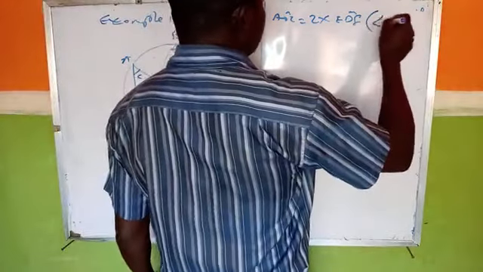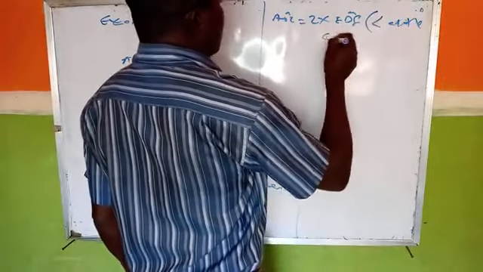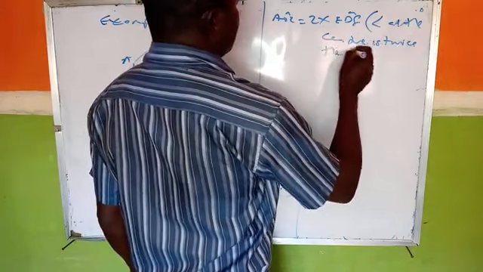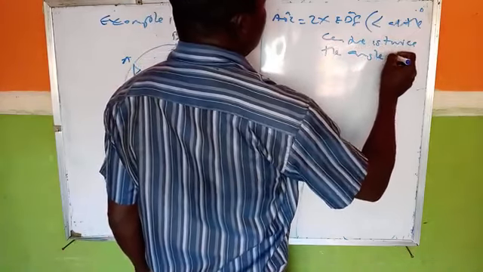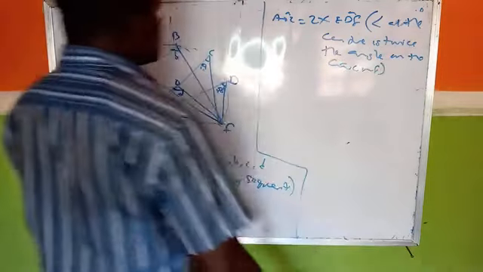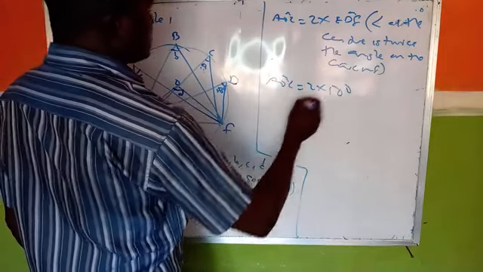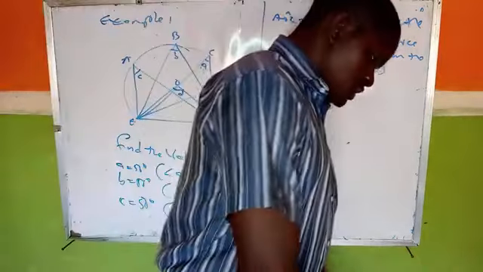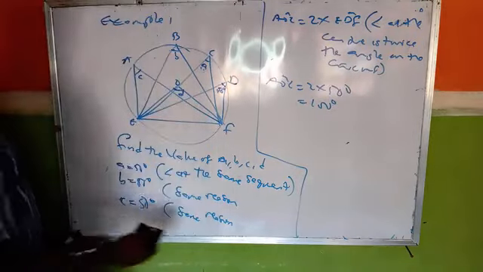You say that the angle at the center is twice the angle on the circumference. So angle EDF equals 2 times 50 degrees, so equal to 100. So you calculated it. It's as simple as that.